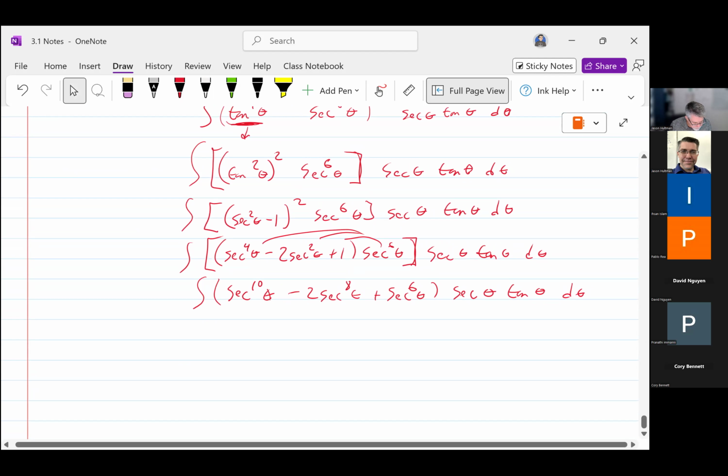Okay. So I'm going to do a u sub on this. U is going to equal secant theta. Du equals secant theta tangent theta d theta. So this becomes the integral of u to the 10th minus 2u to the 8th plus u to the 6th du.